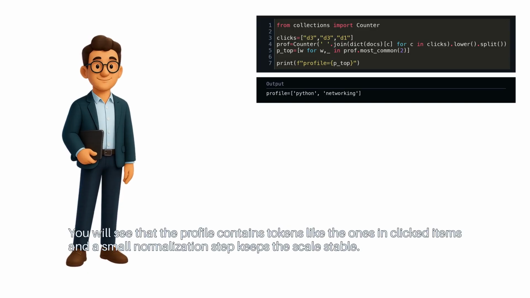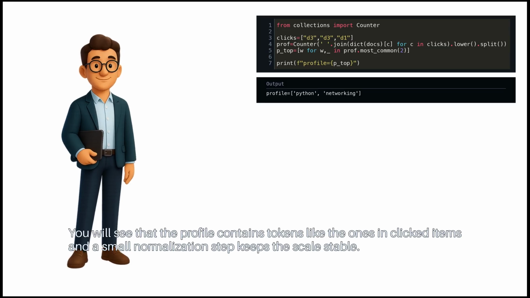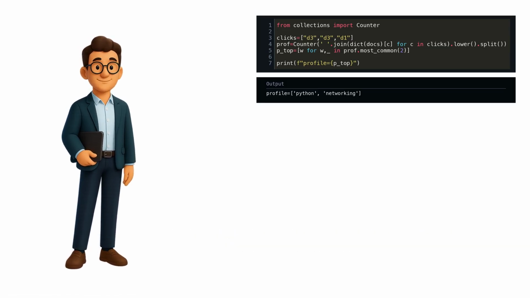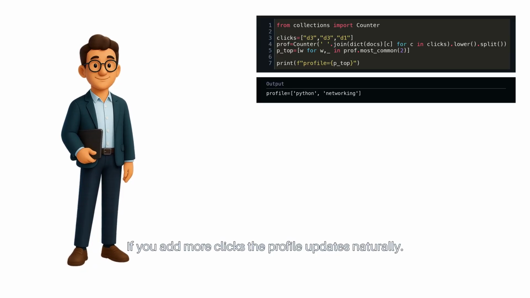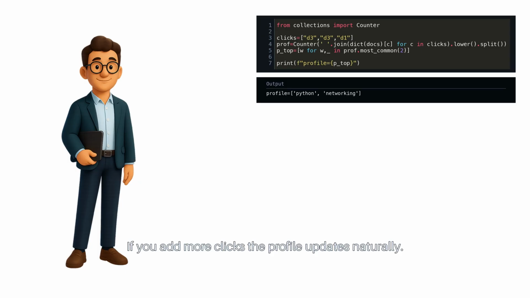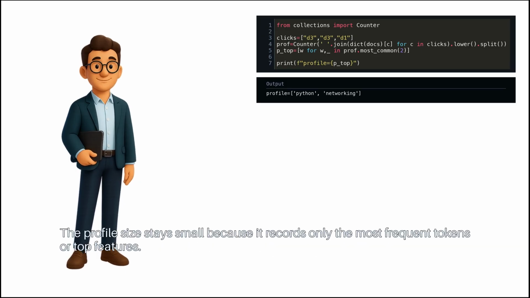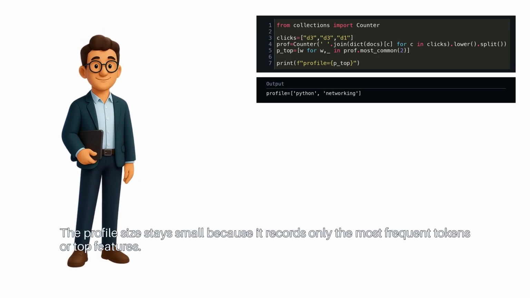You will see that the profile contains tokens like the ones in clicked items, and a small normalization step keeps the scale stable. If you add more clicks, the profile updates naturally. The profile size stays small because it records only the most frequent tokens or top features.